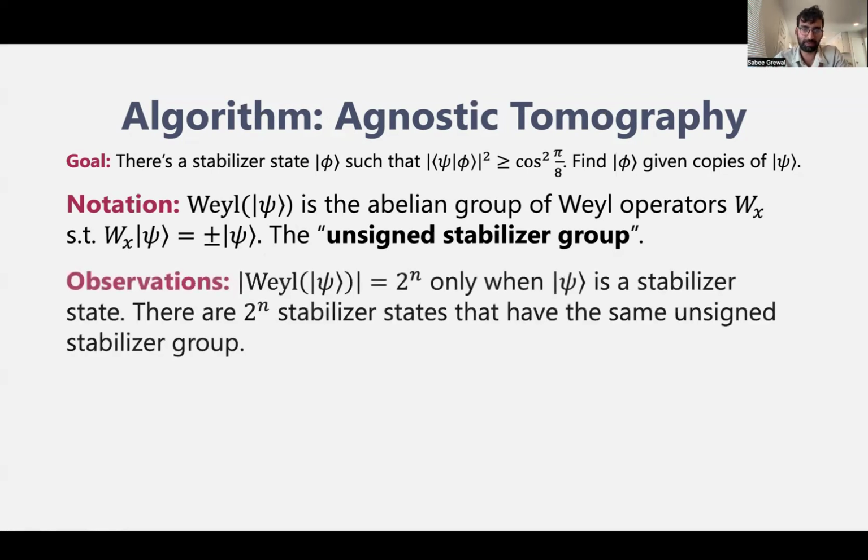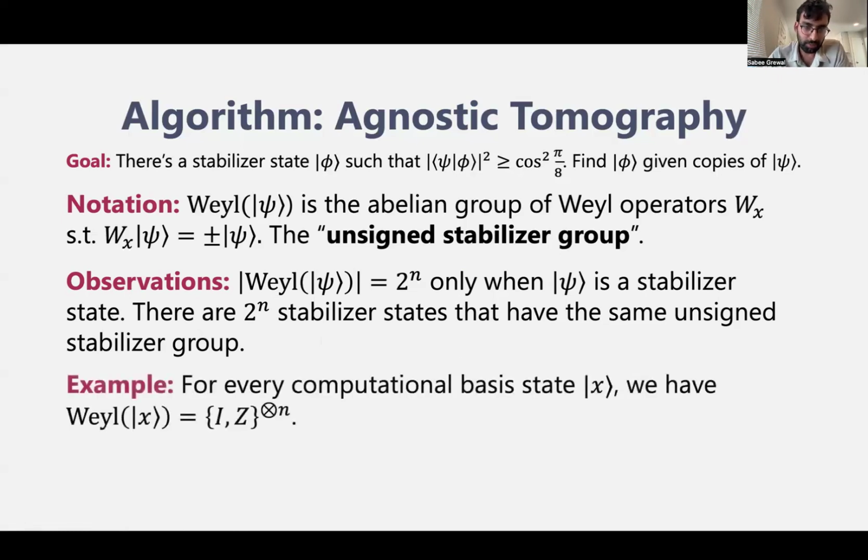But we can make a couple of observations here. So let's say that the order of Weil psi is 2^n. That can only happen when psi is a stabilizer state. And there are 2^n stabilizer states that have the same unsigned stabilizer group. An example to make this clear: if we take any computational basis state, Weil of ket x is the Pauli Z's.